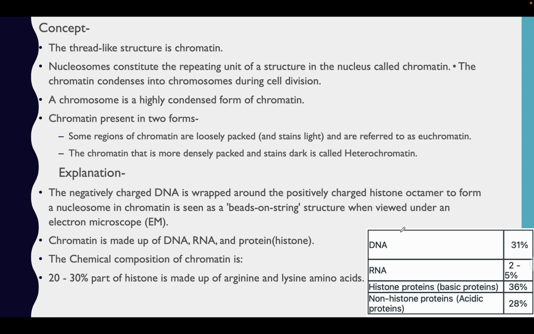Chemical composition is this: DNA 31%, RNA 2 to 5%, histone proteins, which are basic proteins, 36%, and non-histone proteins, acidic proteins, 28%. Okay, so 20 to 30% part of histone is made up of arginine and lysine amino acids. Clear? Yes, ma'am. Okay.